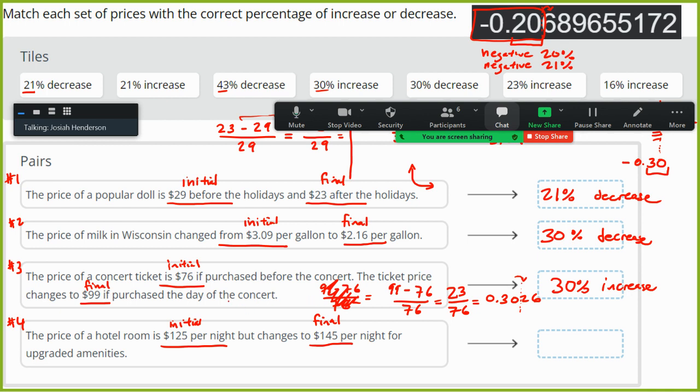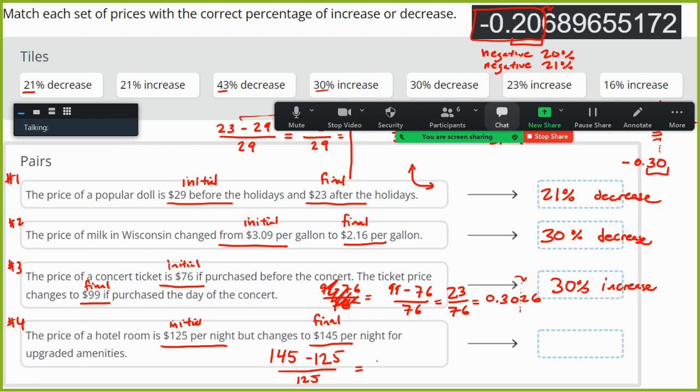Our clue is that it says $125 a night, and that's the price, but it changes to. So after changing is final. So that means we're going to have 145 minus 125 over initial 125.